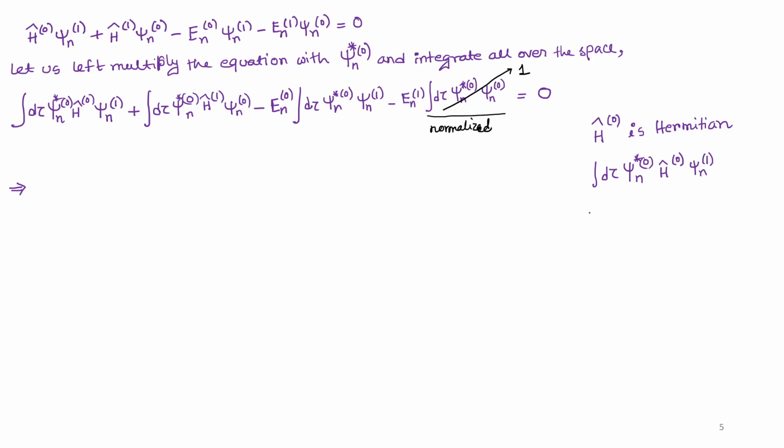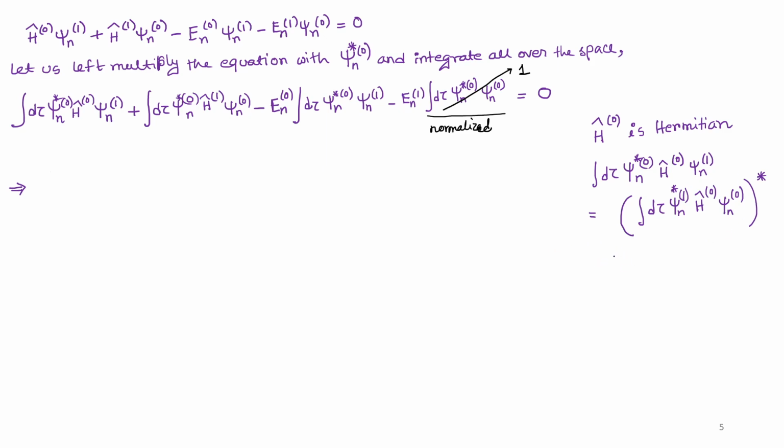By the definition of a Hermitian operator, I can take an integral and put psi 1 here with a star. This is just the definition of a Hermitian operator that we have already discussed, and this will become psi 0, and we need to take a complex conjugate of the whole integral, not the individual parts, the whole integral.